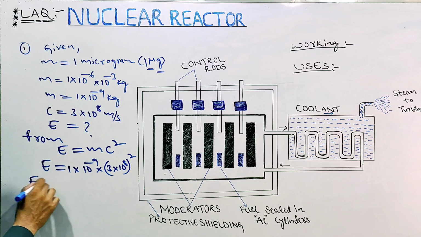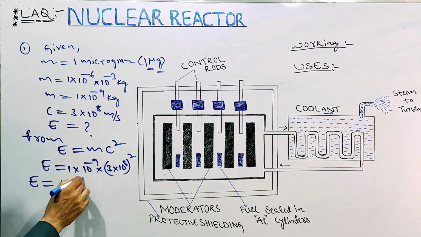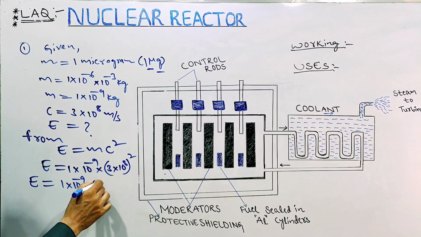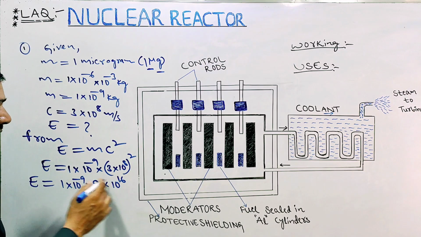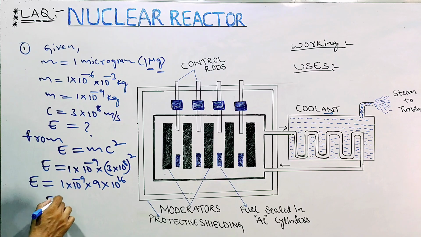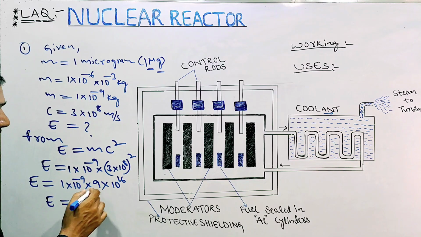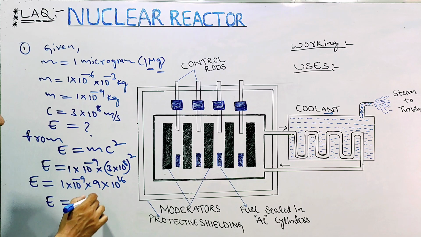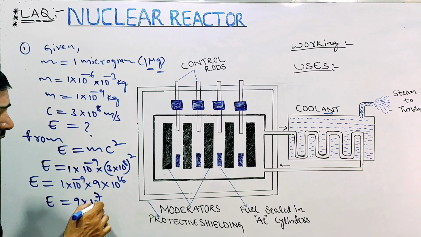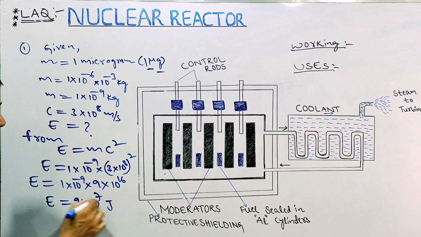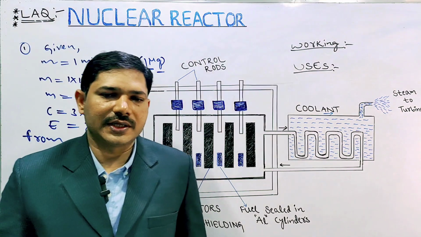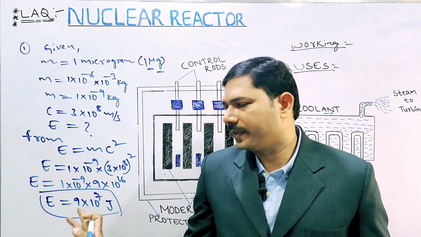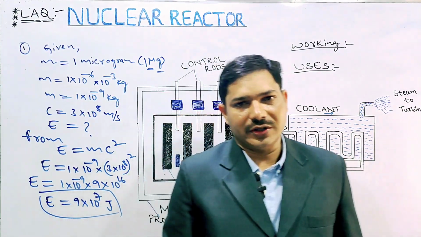So E equals 1 into 10 to the power of minus 9 into 3 square, which is 9, into 10 to the power of 8 whole square, which is 10 to the power of 16. 16 minus 9 is 7. So 9 into 10 to the power of 7. Energy units are joules. So E equals 9 into 10 to the power of 7 joules.